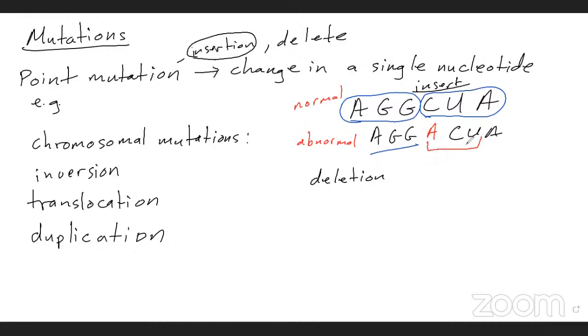So looking on, let us say AGG, a glycine, and CUA, a lysine. In this DNA, you're not making lysine. You're going to make a different amino acid.